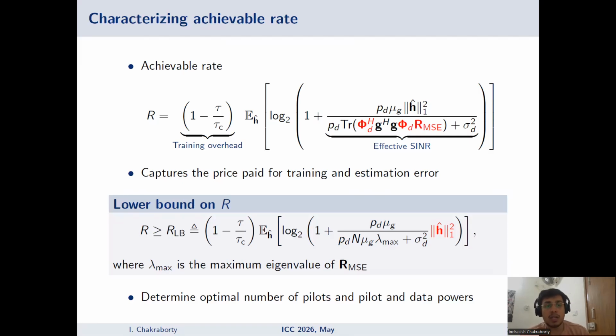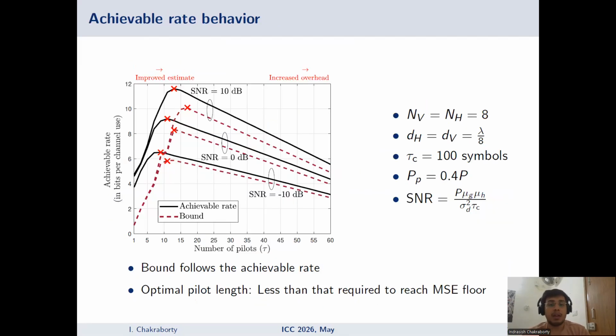Now, let us look into a numerical result that considers the achievable rate. We take the same setup in this numerical result also, and we show the result for the achievable rate as a function of the number of pilots for different SNR values. As you go on increasing the number of pilots, the quality of the estimate improves, so your effective SINR goes up, so your rate also goes up.